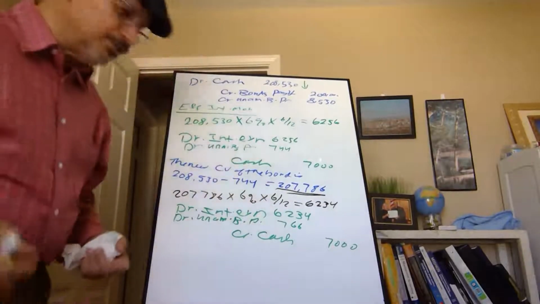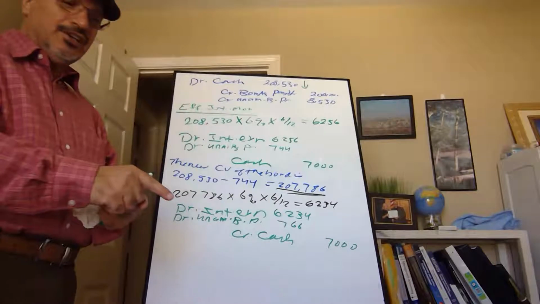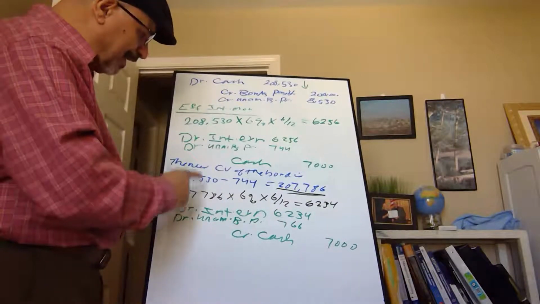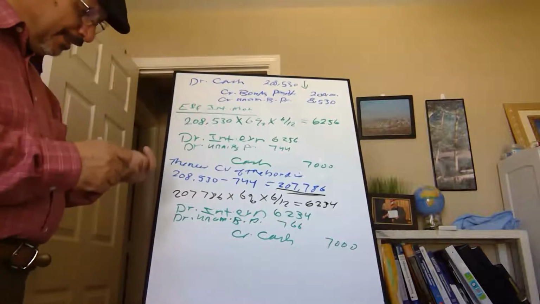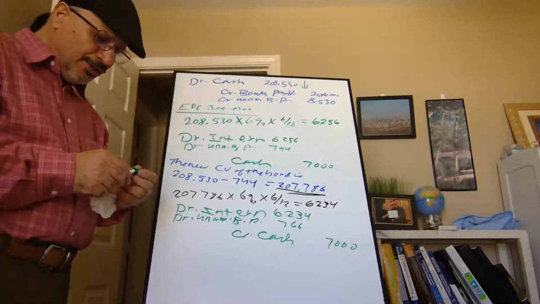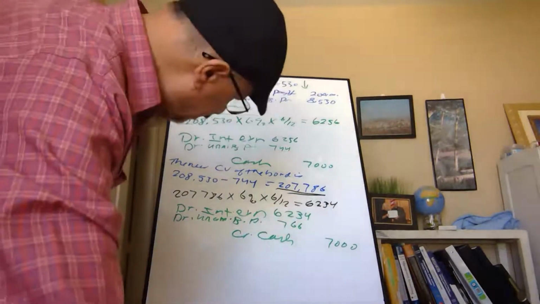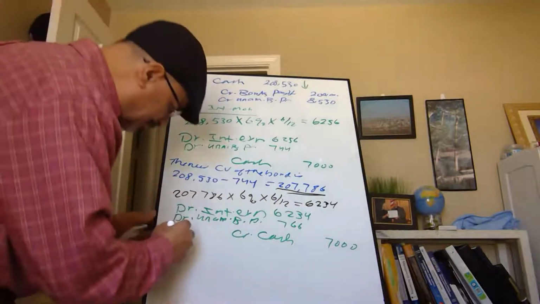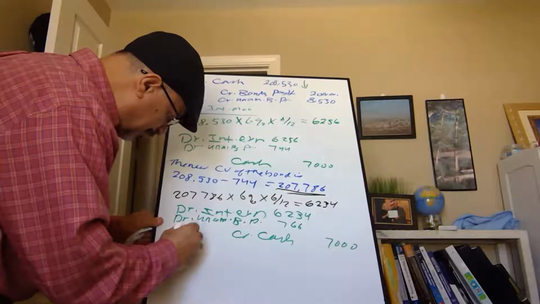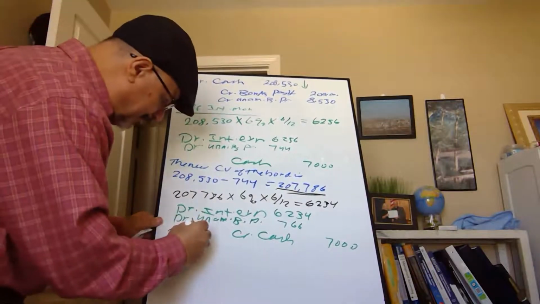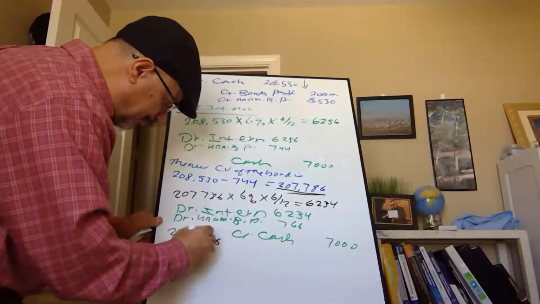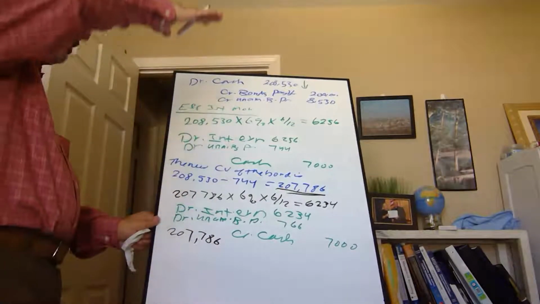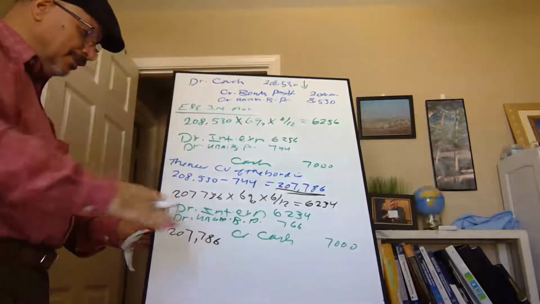Now, to do the third journal entry, we update the new carrying value. So the previous carrying value was 207,786. Now, remember, it is going down.